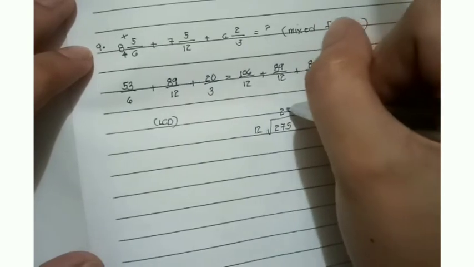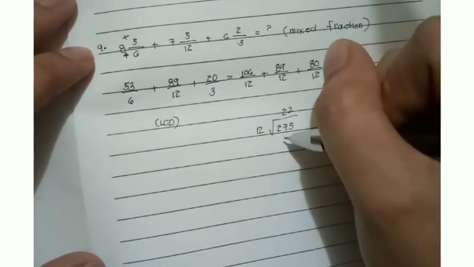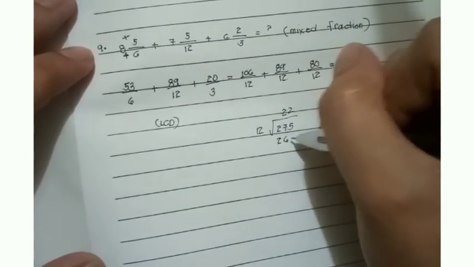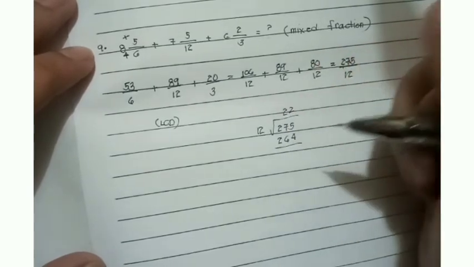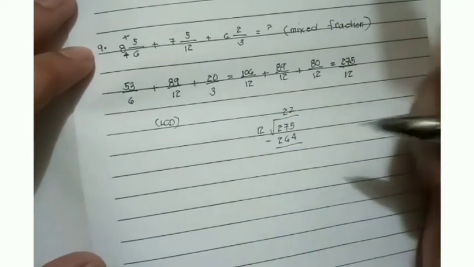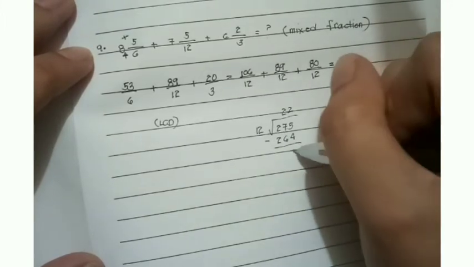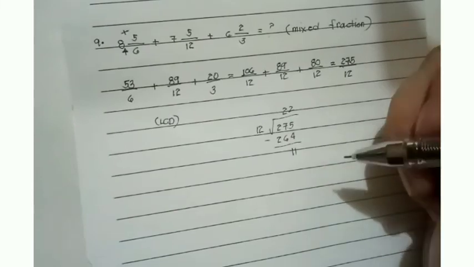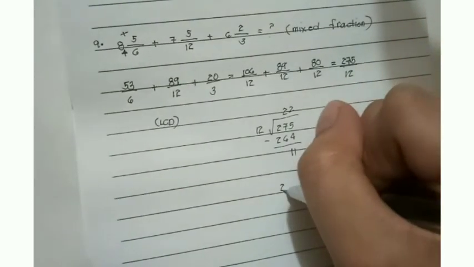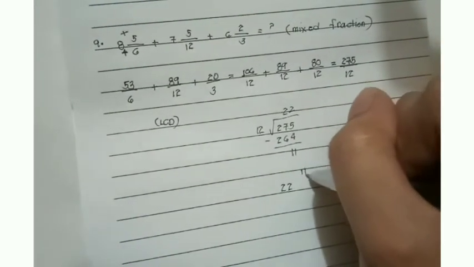And then, 22 times 12 is equal to 264. 275 minus 264 is equal to 11. So, our answer is 22 and 11/12.